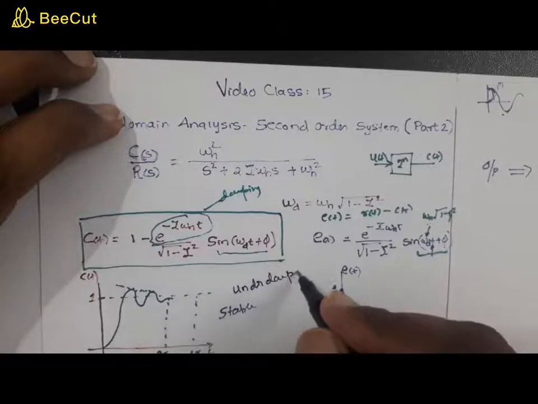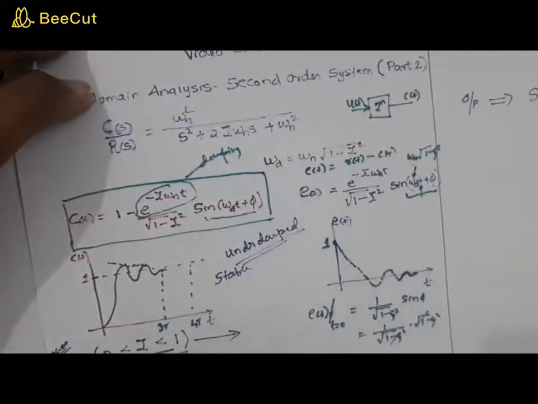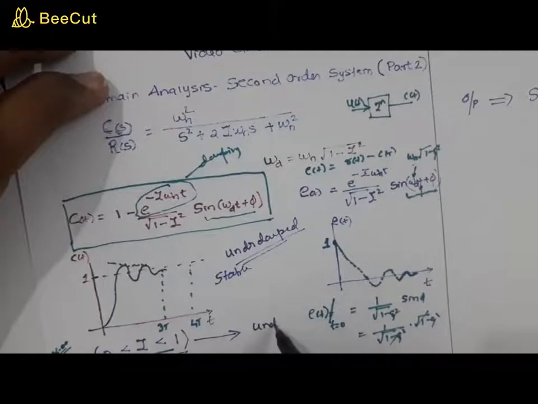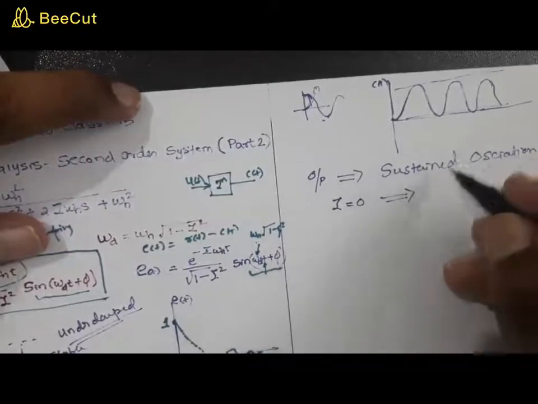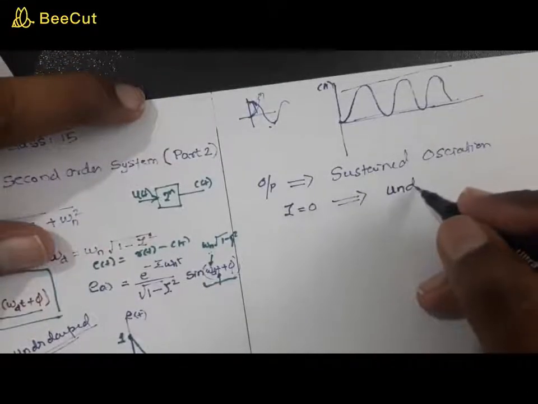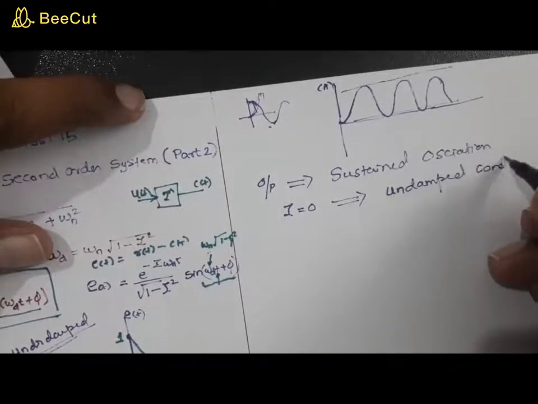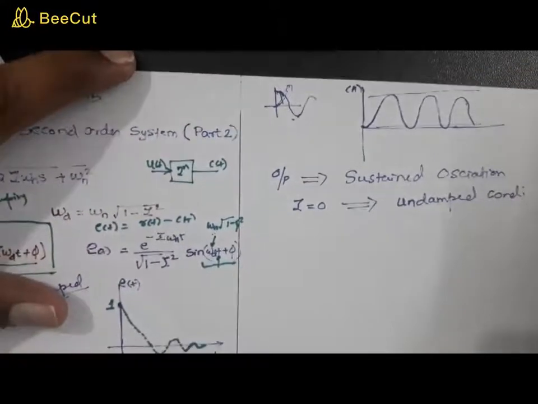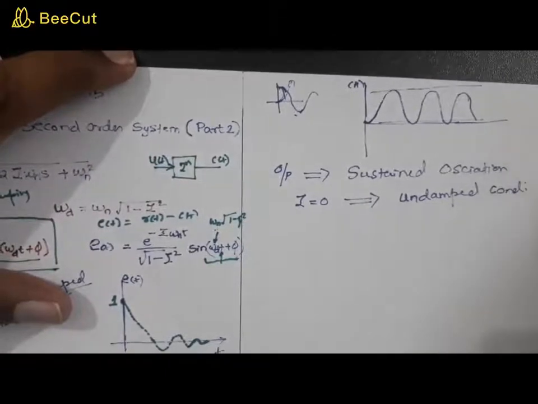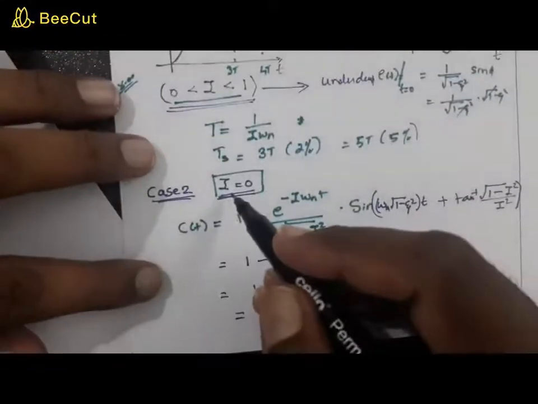So theta less than 1 can be considered the underdamped condition, while the case where theta equal to 0 is called undamped. That means there is no damping, so the system oscillates. This is called a sustained oscillation or an undamped oscillation. So this happens when theta is equal to 0.